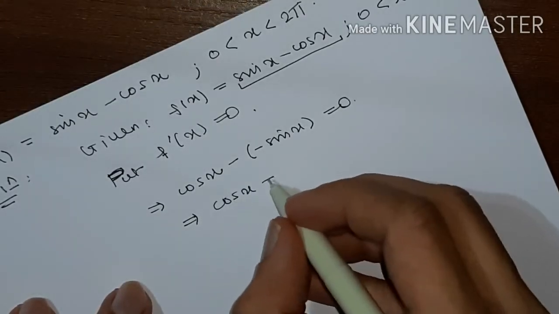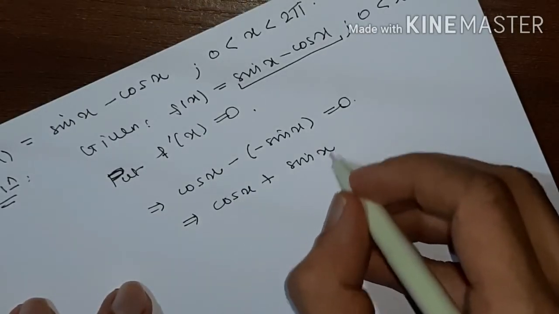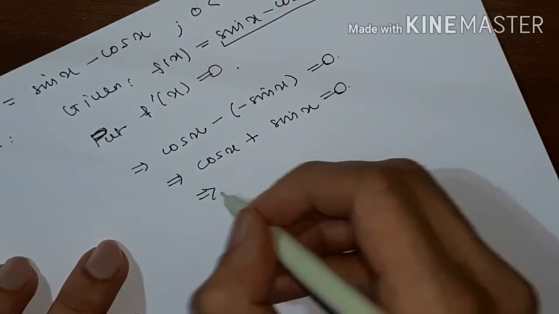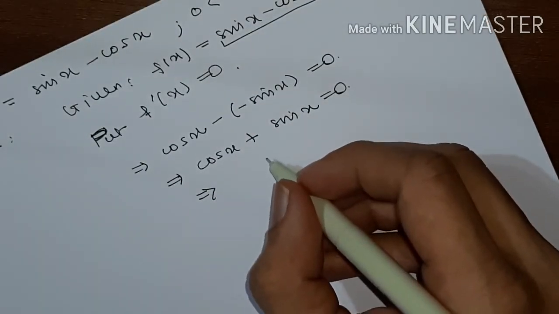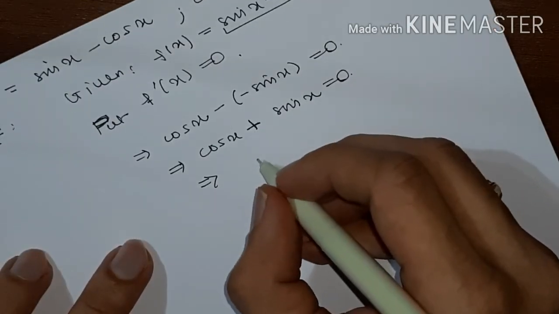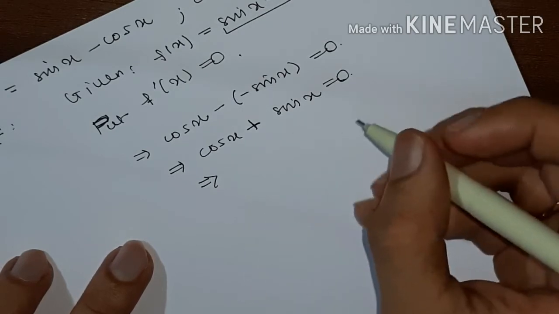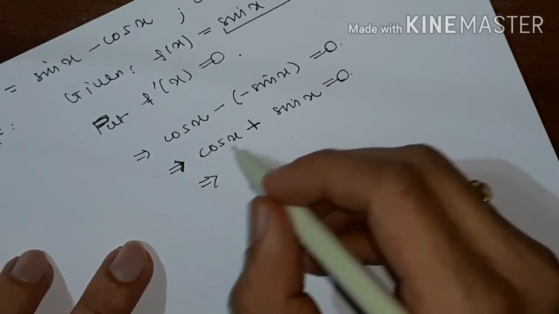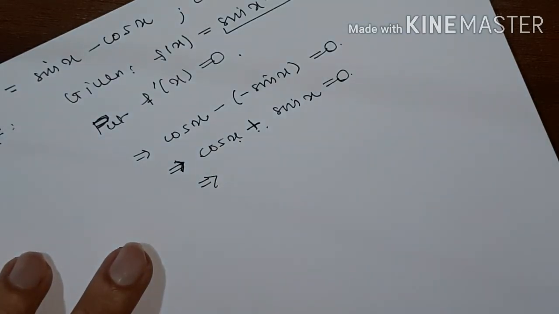Cos x plus sin x equal to 0 you will get, okay. So that means what? Now see, you simplify this properly. This implies cos x plus sin x is equal to 0.